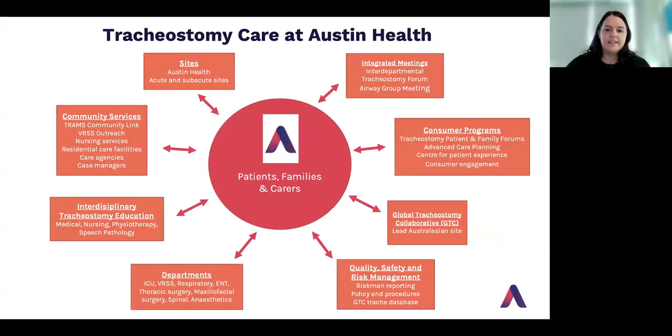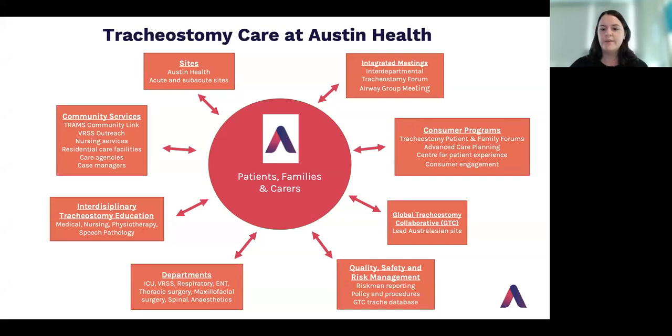So you can see in this diagram the complexities of a multifaceted tracheostomy pathway. Patients with a tracheostomy comprise a very high-risk patient group. We know that they may be cared for in a number of situations, whether that be in the ICU, on a multitude of wards, or within the community. The need for specialist interdisciplinary care to manage this population is very well documented.